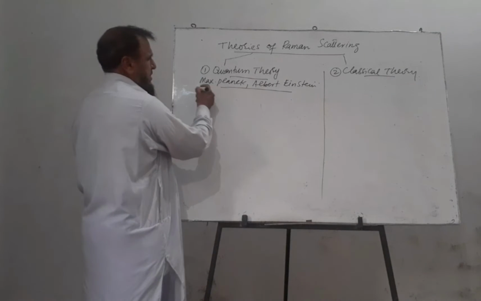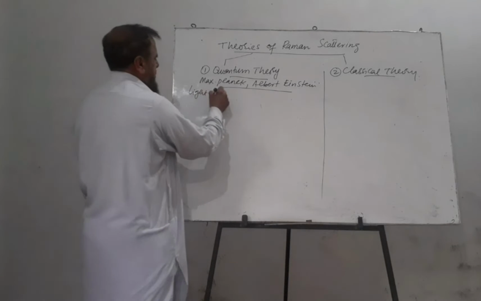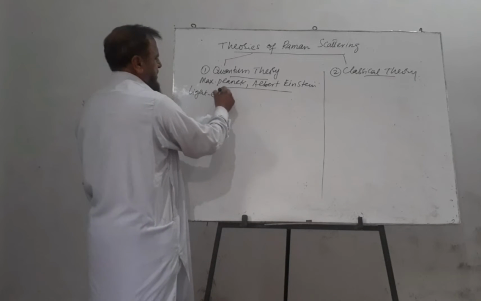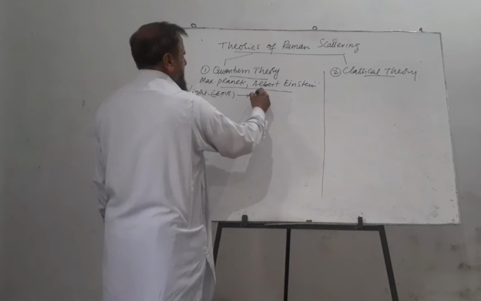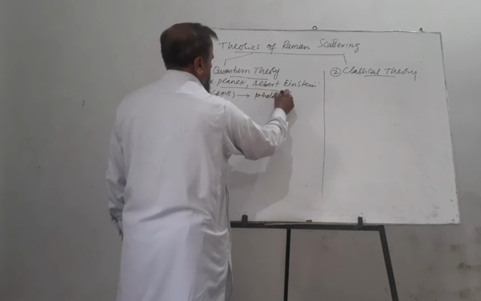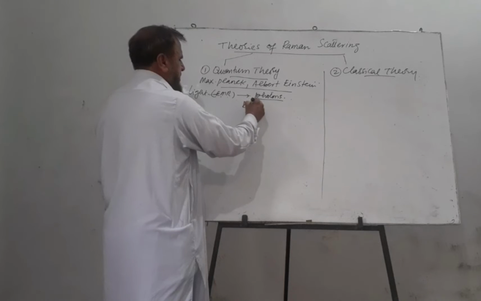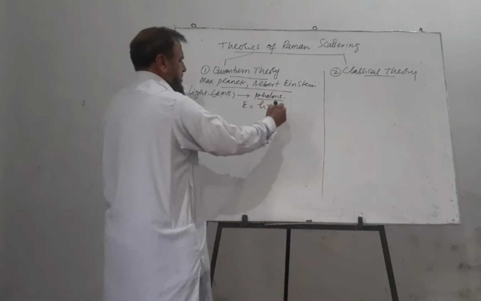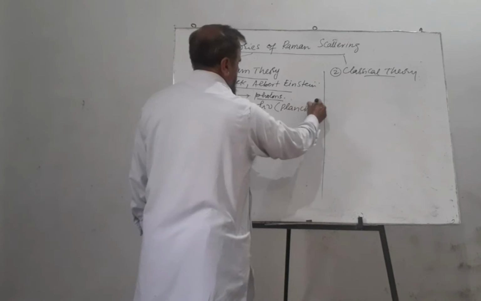According to the quantum theory of radiation, electromagnetic radiations consist of particles called photons, and they have a specific energy given by E = h nu. This equation is known as Planck's equation.